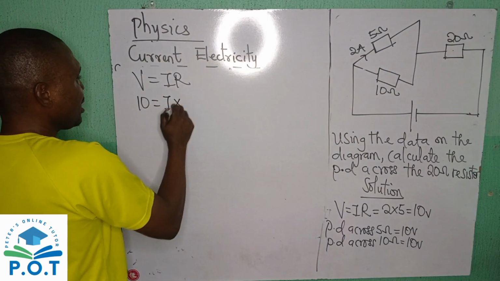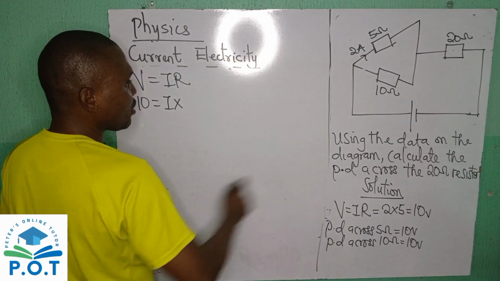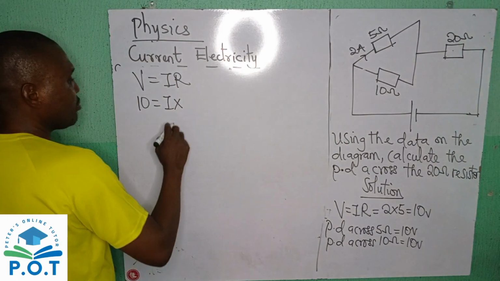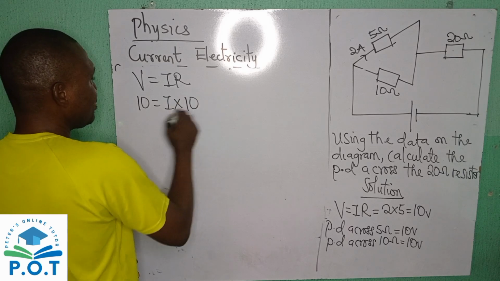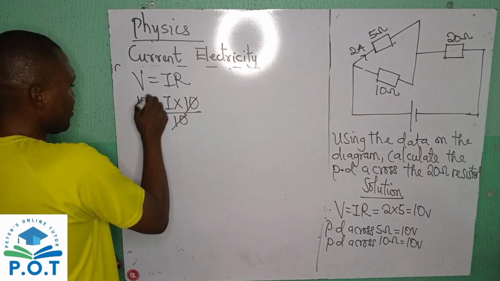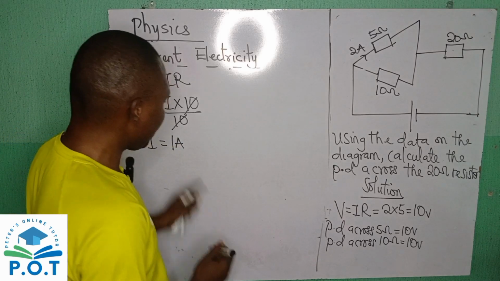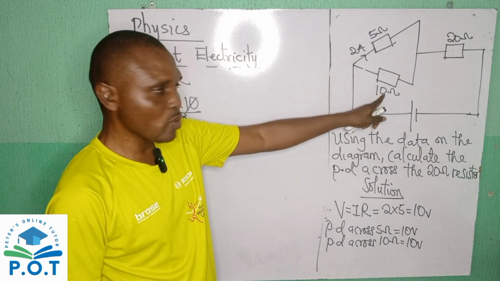We don't know the current, and the resistor is 10 ohms. We're looking for the current across this 10 ohm resistor. Divide both sides by 10, 10 cancels 10. So I equals 1 ampere. So 1 ampere is the current across the 10 ohm resistor.